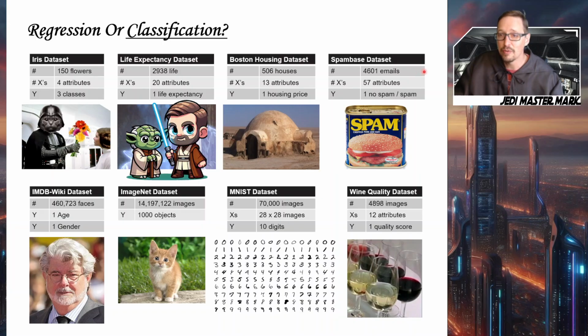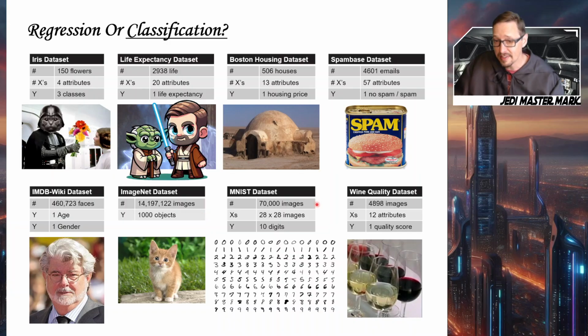Spam base, 4,600 emails, and then you're going to predict, is it spam or is it not spam? Here's a wiki data set, so it's got 460,000 different faces, and it's going to predict both the age and the gender. ImageNet data set, so this has over 14 million images, probably even more now, and there are 1,000 objects, different classes that it's trying to predict in these images.